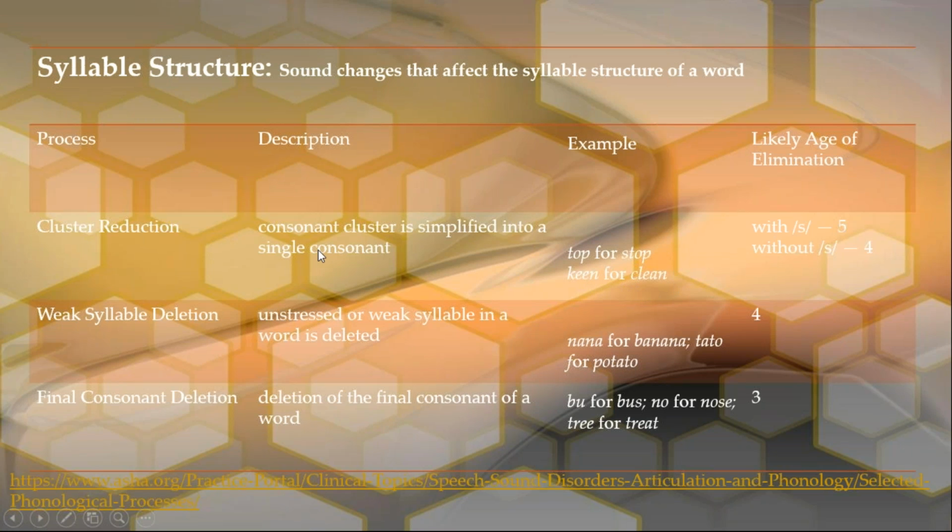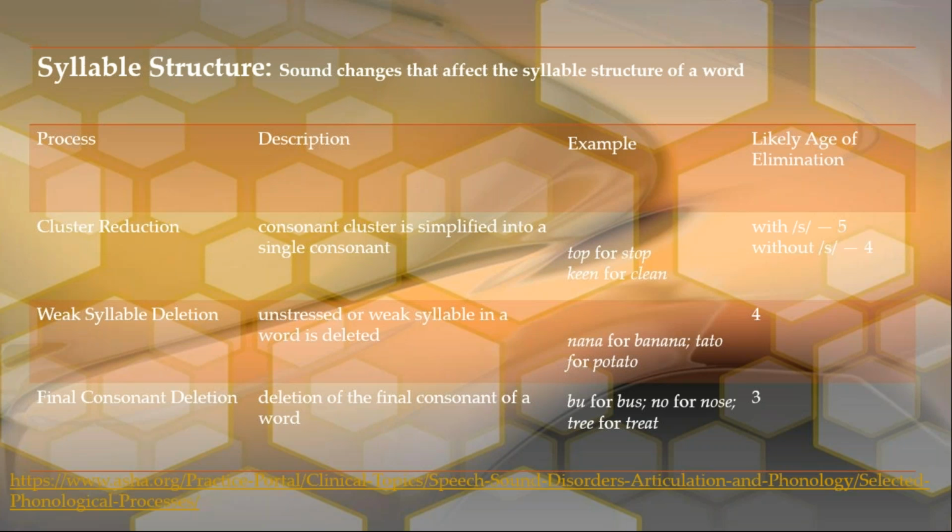This one is probably another one that you guys might see in kids as well. Consonant clusters with S's are developmentally appropriate up until the age of 5, but clusters without S's should be eliminated by age 4. And then weak syllable deletion, this is also another one that you guys are going to see in early learners who are just starting to talk.